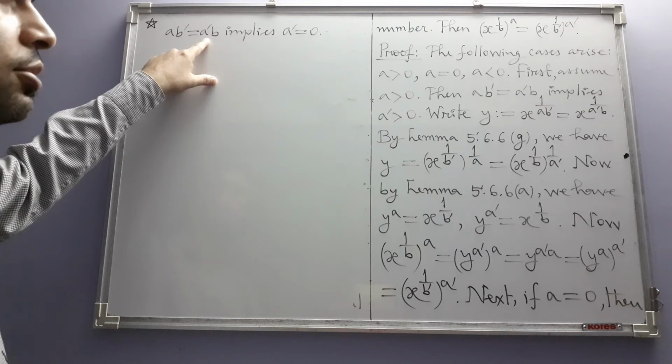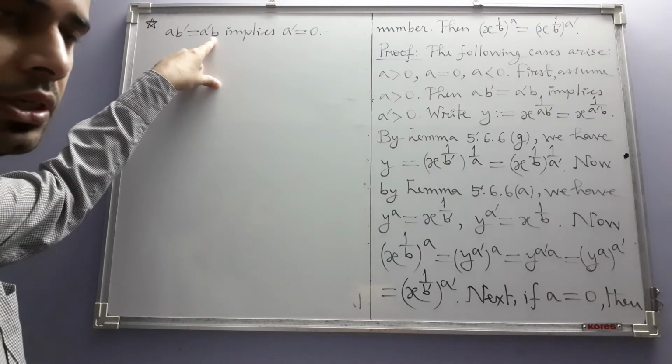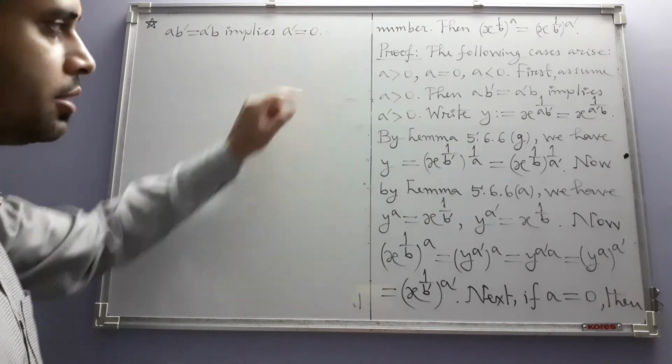So the right hand side should also be 0. But on the right hand side, b is already a positive integer. So the only possibility is that a prime has to be equal to the 0 integer.